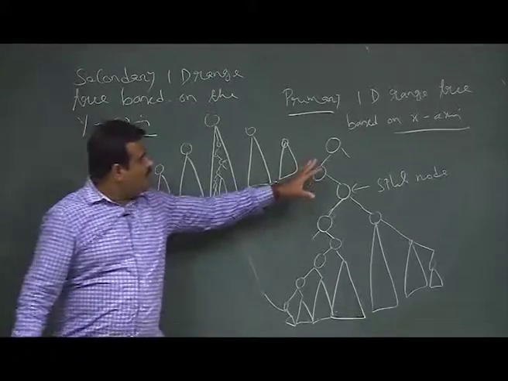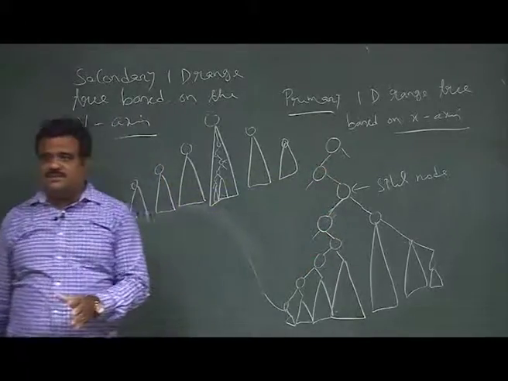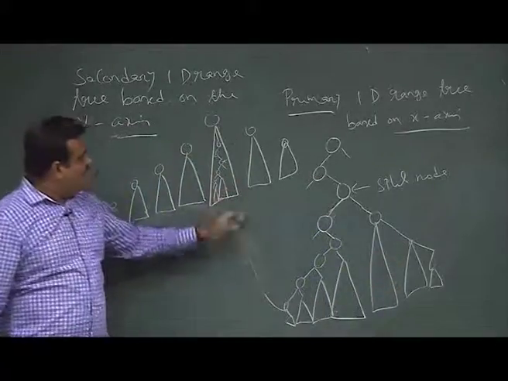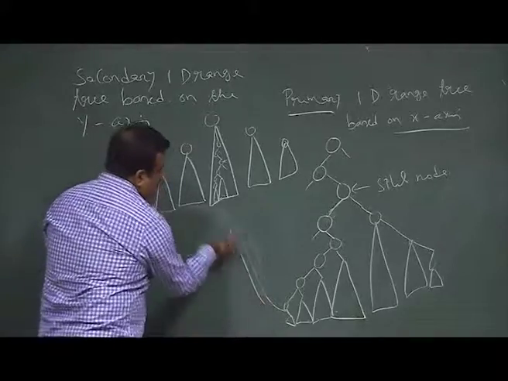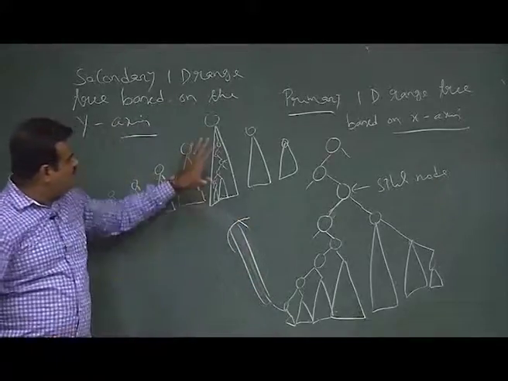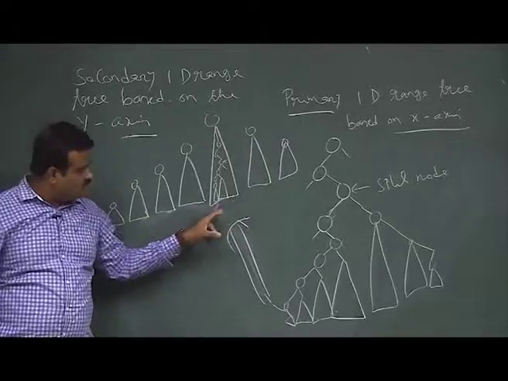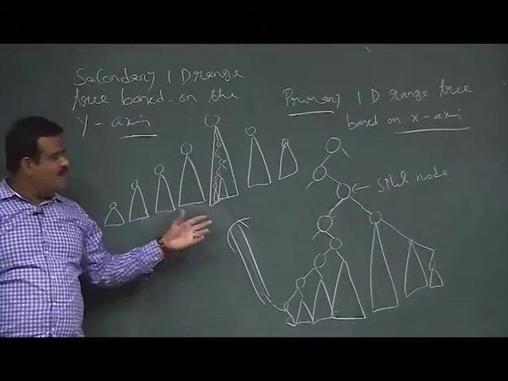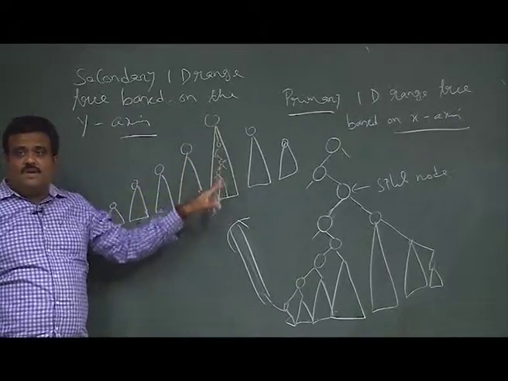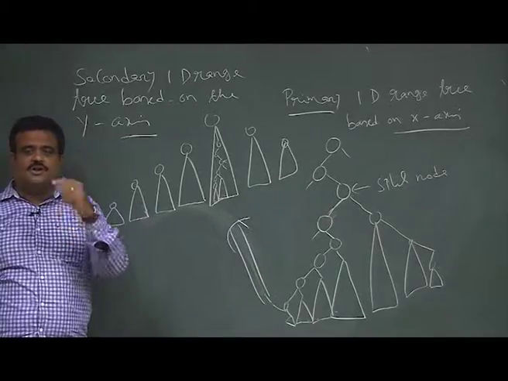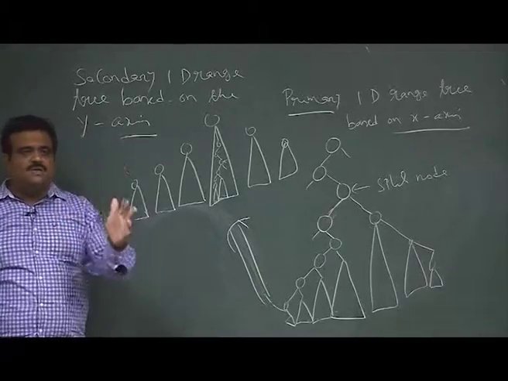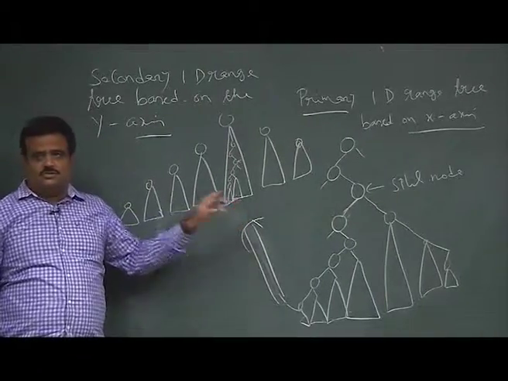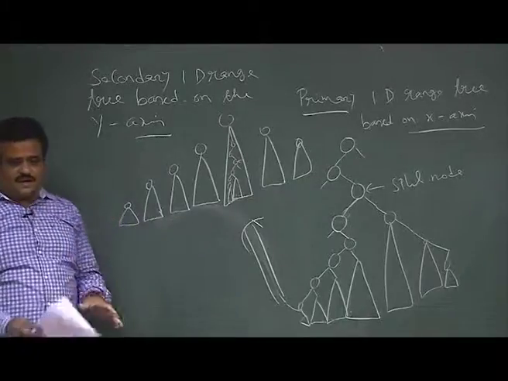We first apply our 1D range search query on the x axis, we get some subtrees, and we have a similar data structure with the same nodes based on the y axis. Okay. And then in that tree we do the 1D range search based on the y coordinate, and that will give us the matching of the y coordinate also. So, that will give us the points which are in the rectangle. So, that is the idea.